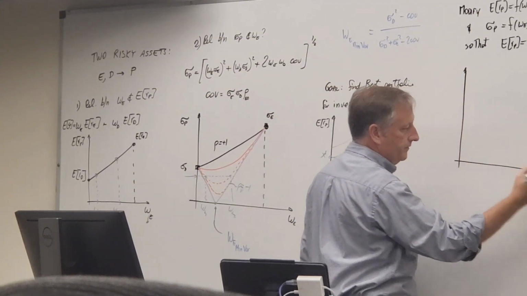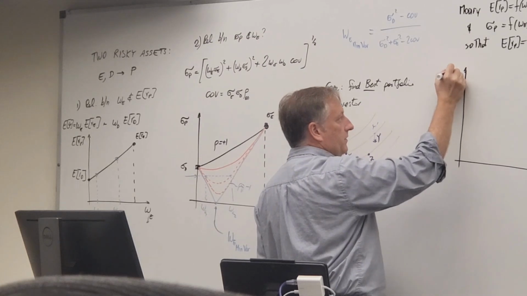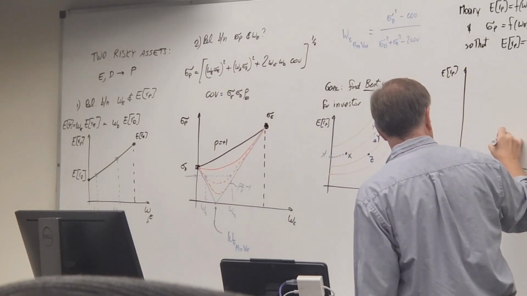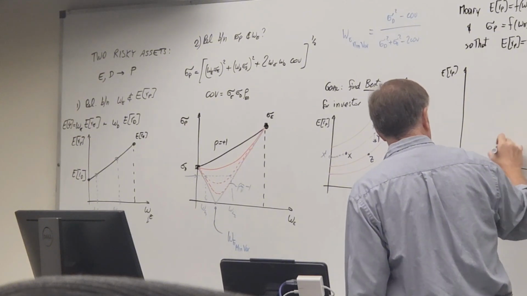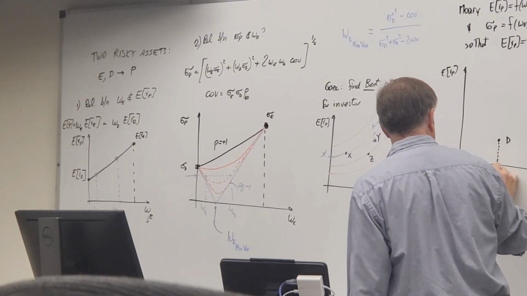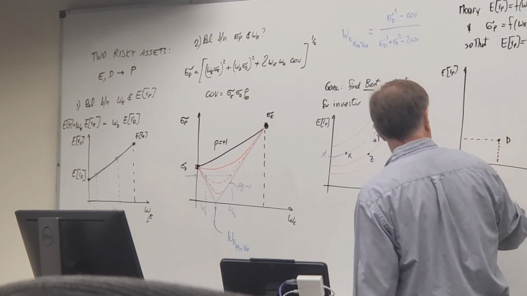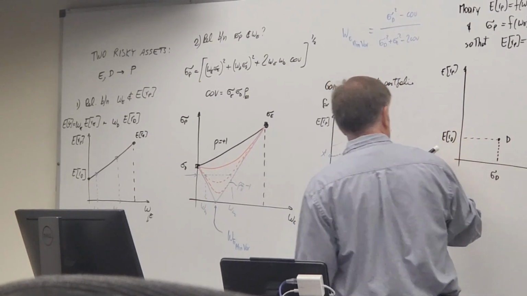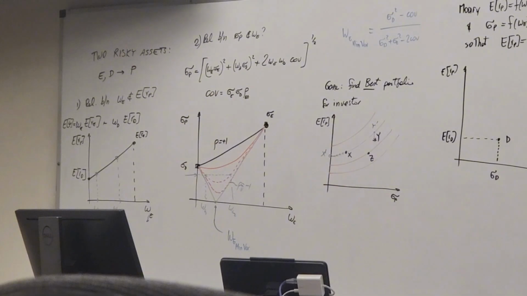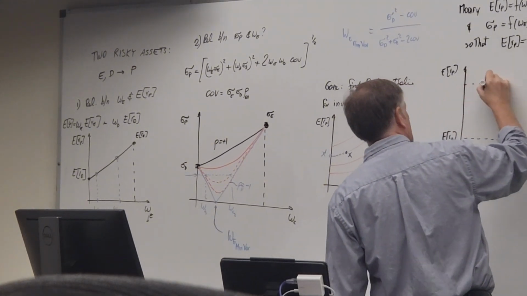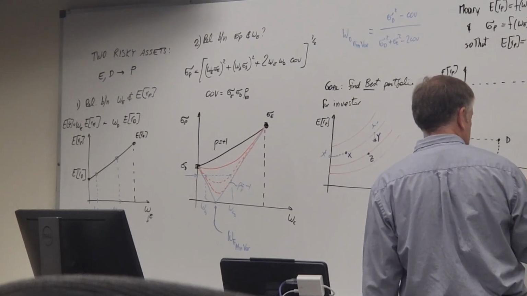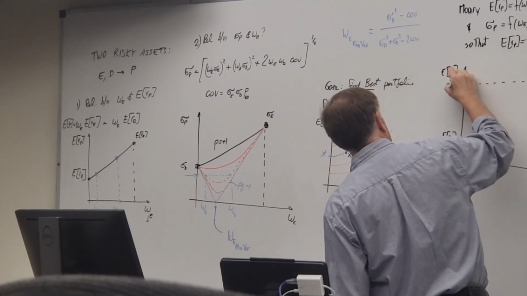You have sigma p, ERP. This is what happens if you invest only in debt. So those are the characteristics of debt, they're given in the problem basically. And then if you invest only in equity, equity has higher risk, has higher expected returns.